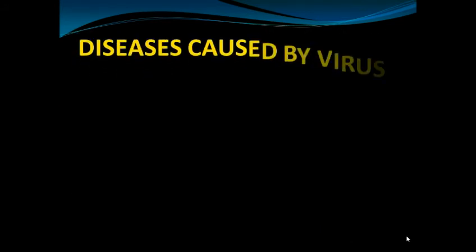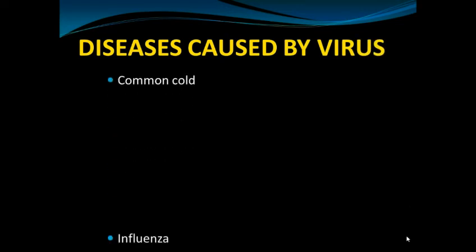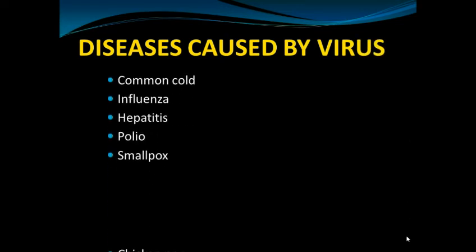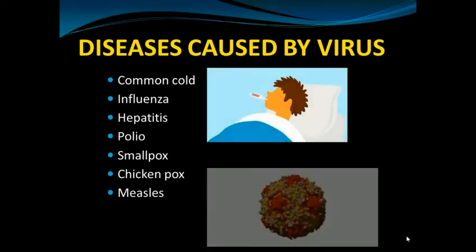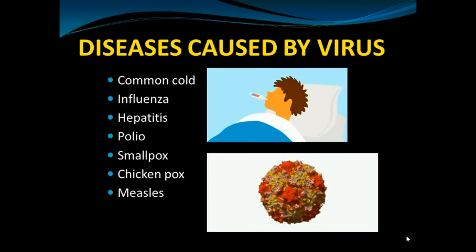Now we'll move on to the diseases caused by virus. The various diseases caused by virus are common cold, influenza, hepatitis, polio, smallpox, chickenpox and measles. So this is the common cold and this is the virus.